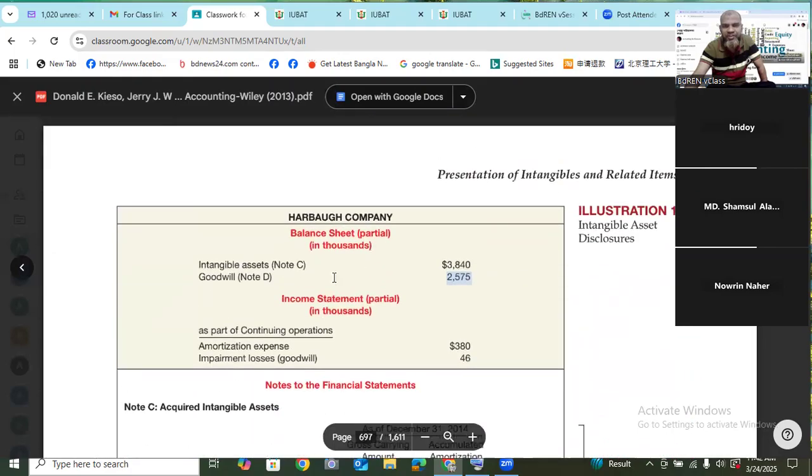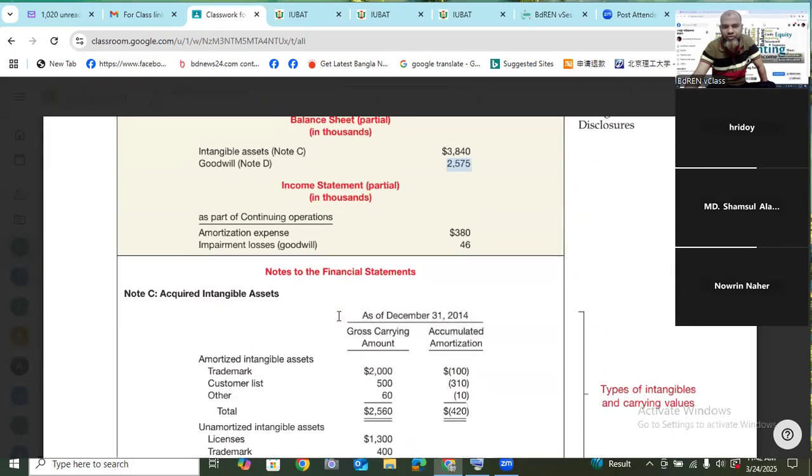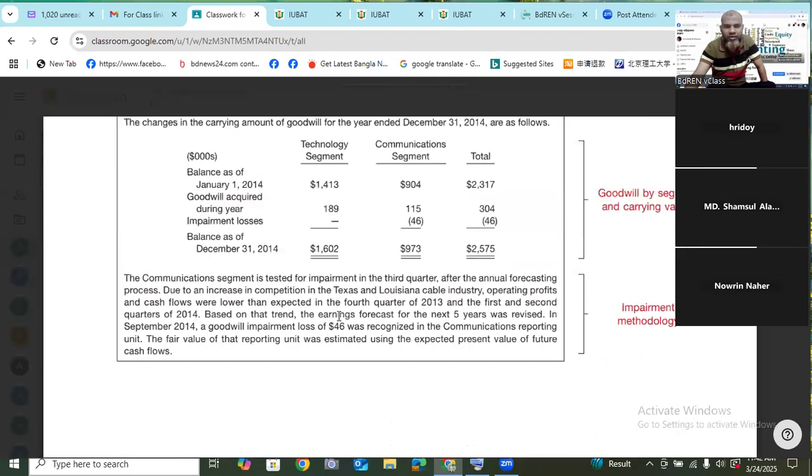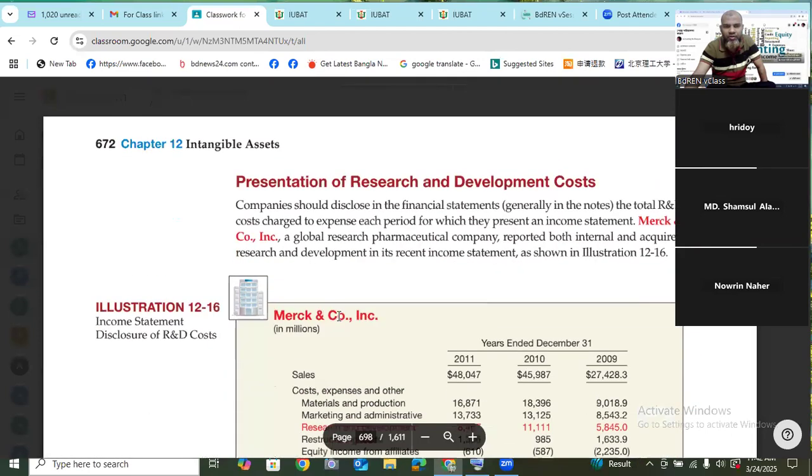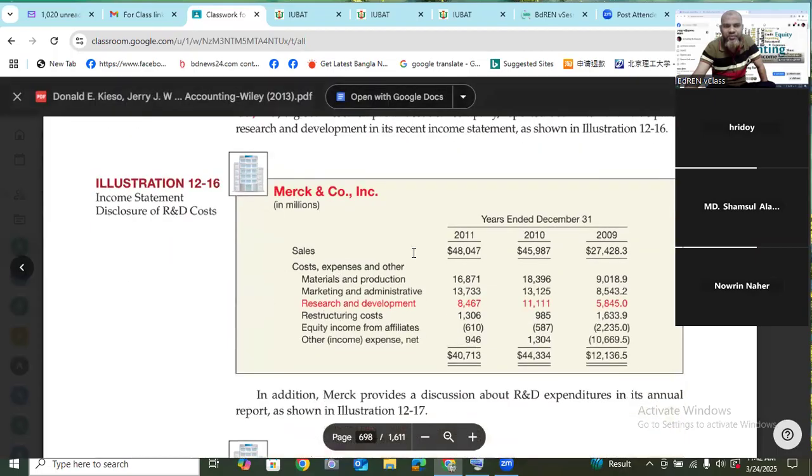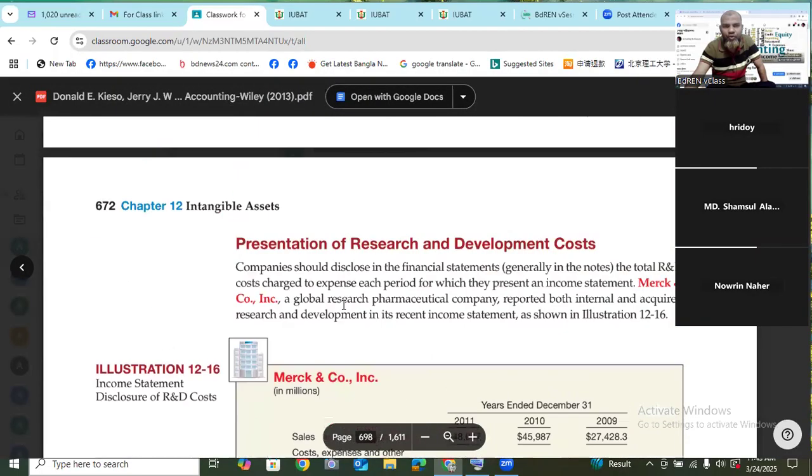This is the balance sheet partial, the balance sheet presentation. Now the income statement presentation.